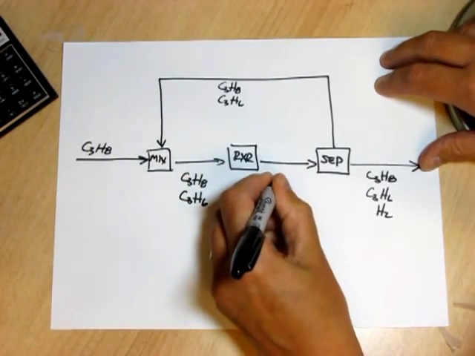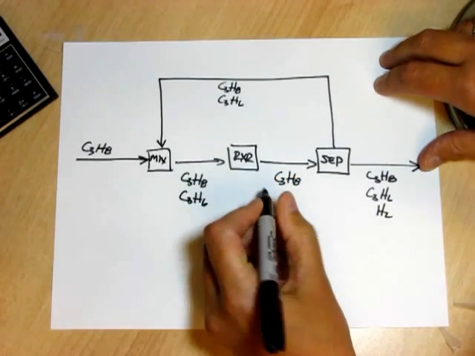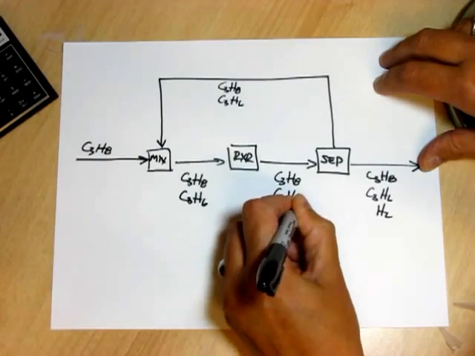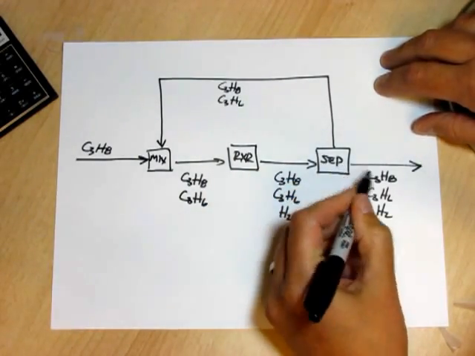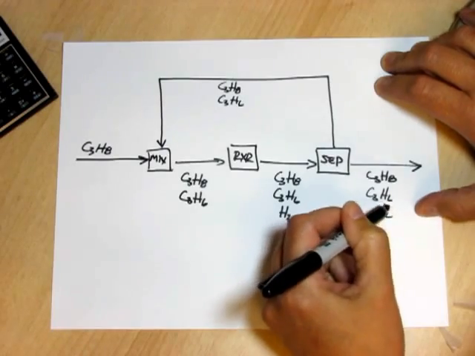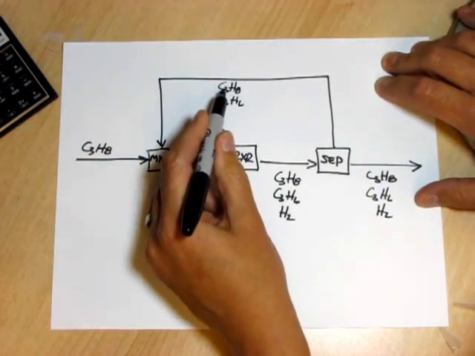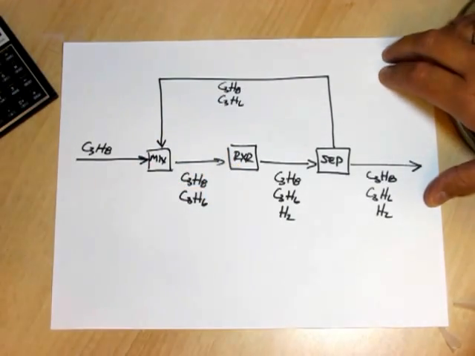Coming out of the reactor, we have C3H8 because there's not complete conversion. We have the two products, C3H6 and H2. They go into the separator. The separator separates out all of the hydrogen and some of the propane and propylene and sends back the unreacted propane along with some propylene into the mixing point.